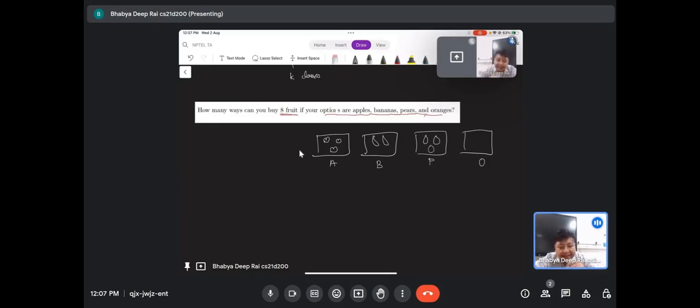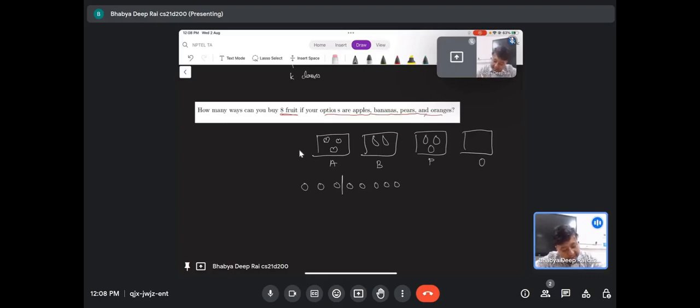So see that this is actually a partition problem. How is this a partition problem? I make these round things to show fruits.